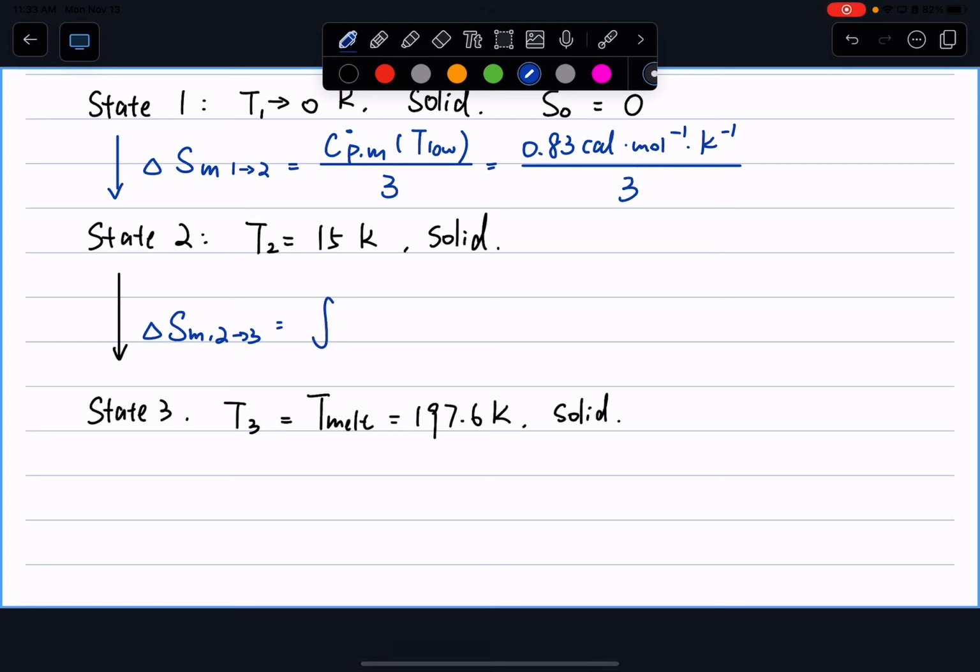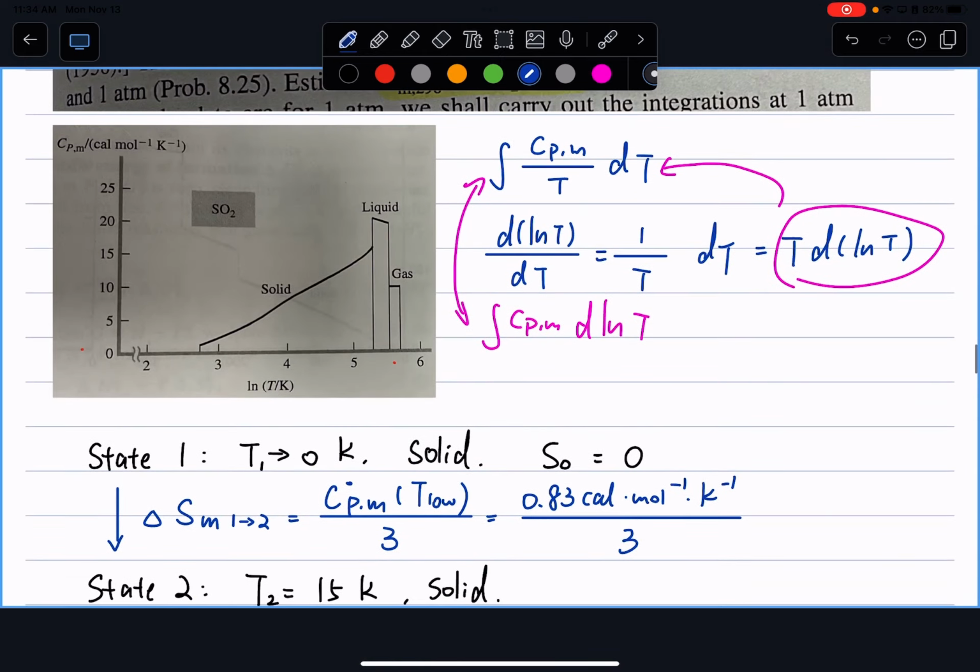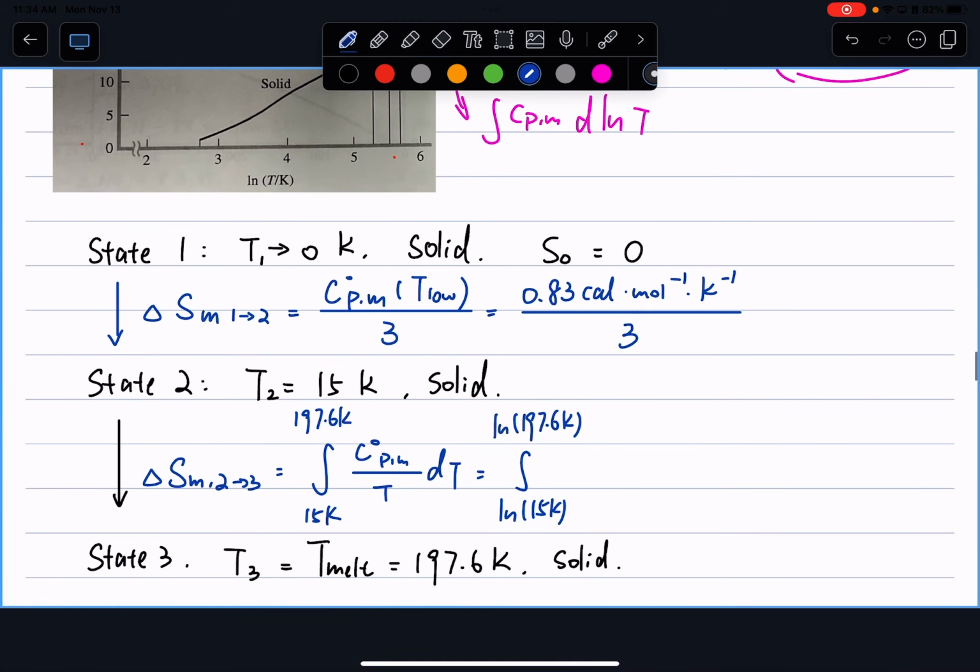That gives you the integral from 15 K to 197.6 K of Cp over T dT, where that actually equals the ln T. On the top, we have ln 197.6 K, and Cp d ln T.